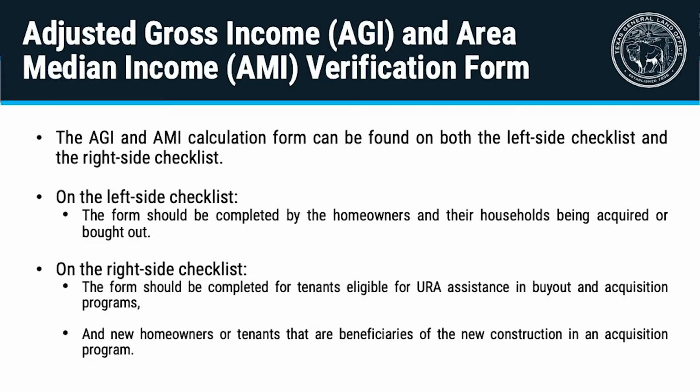On the left side checklist, the form should be completed by the homeowners and their households being acquired or bought out. For the right side checklist, the form should be completed for tenants eligible for URA assistance in buyout and acquisition programs, and new homeowners or their tenants that are beneficiaries of the new construction and an acquisition program.